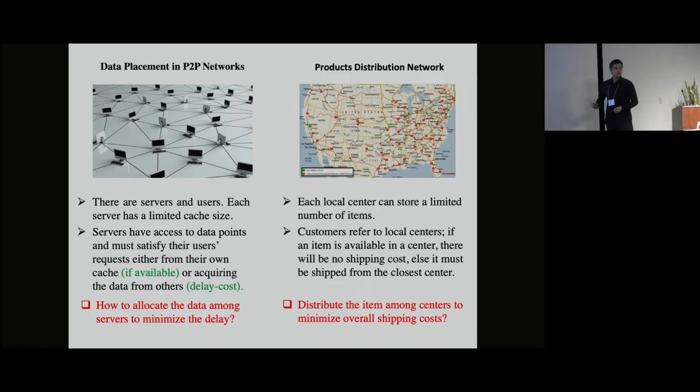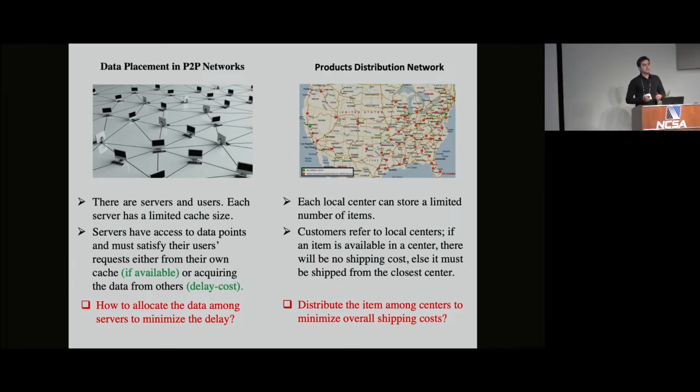While in the first example, the access cost does not necessarily satisfy a metric property, because it depends on the compatibility of the servers together, and that defines the access cost in an arbitrary way. So for the first example, I refer to the access cost as non-metric, and for the second one, metric access cost.